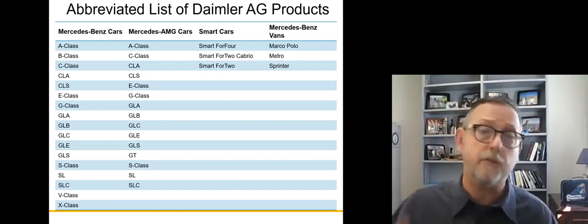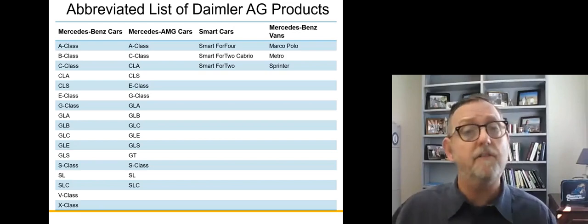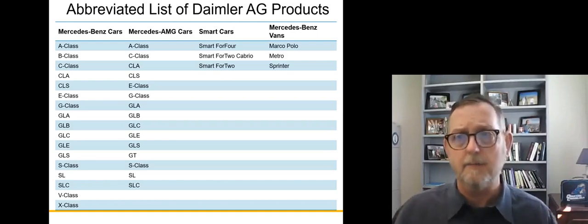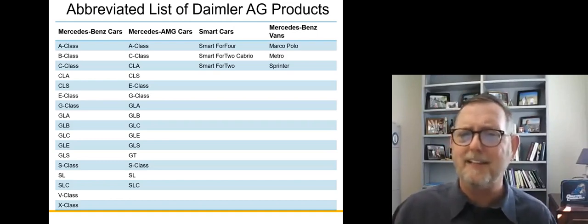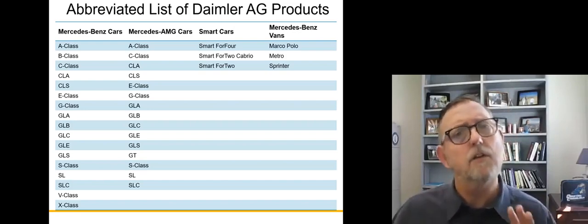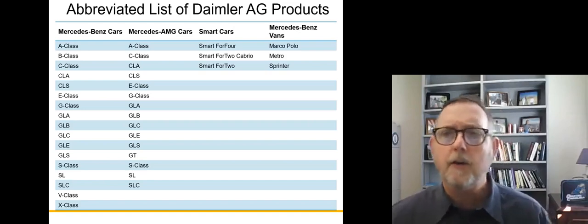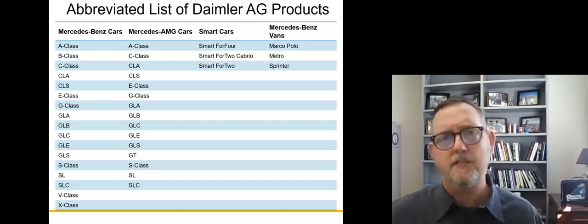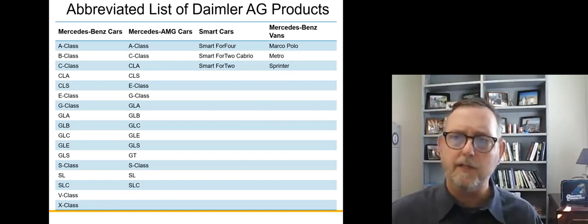Then we go over to smart cars, and those are totally different. There's only 3 options, so they're not very deep in this category. There's a small category for them right now in this image. And they don't really look anything like the other names, at least in the other product categories, because they're their own space. Okay, so this is a product mix, and this is where we think about the basis of some of this strategy.